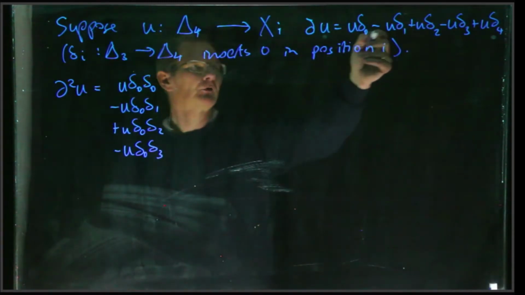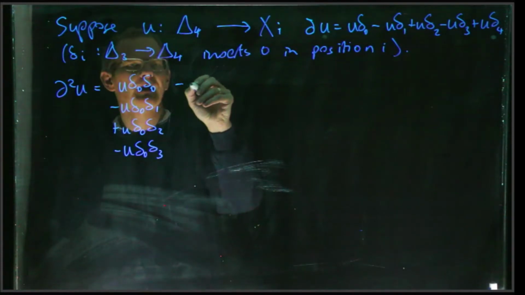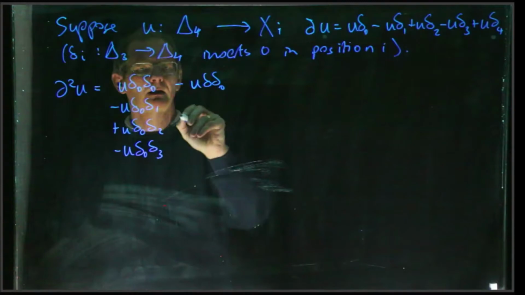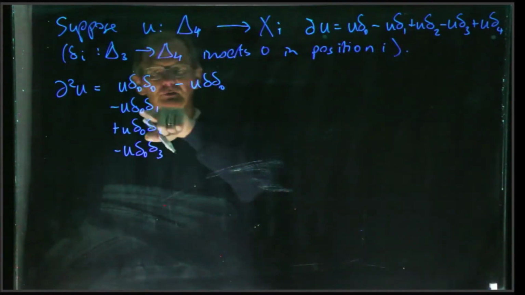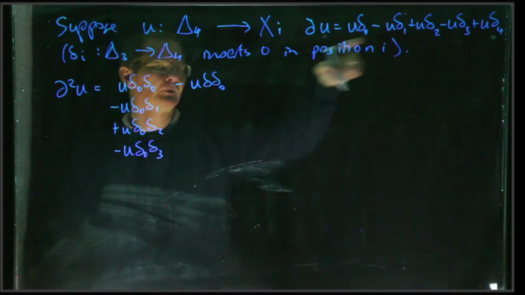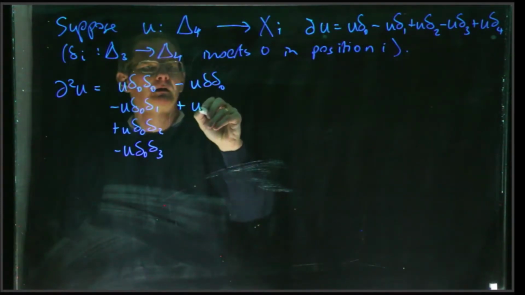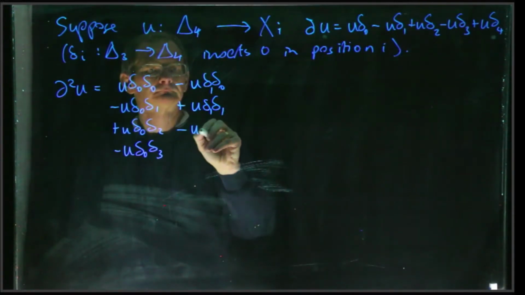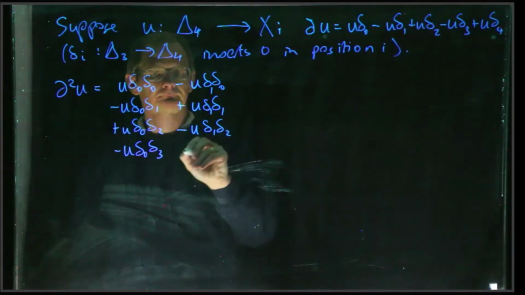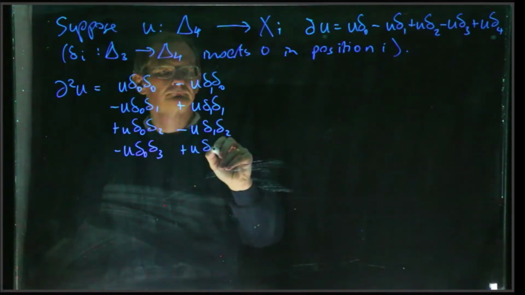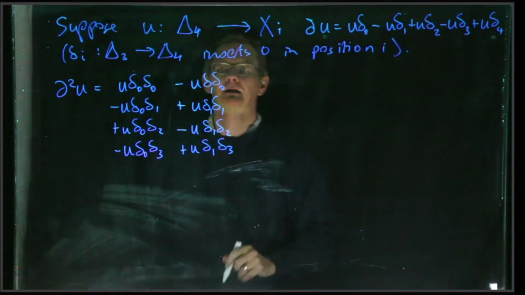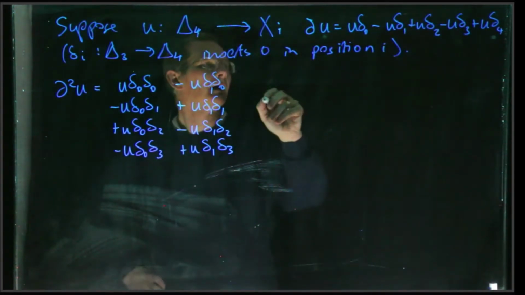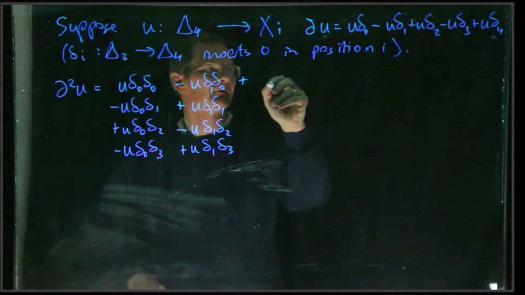Then you've got your u delta_1, and you need the boundary of that, so you get a minus u delta_1 delta_0. You should have got an extra minus sign coming in here, but you had the minus sign already, so that's a plus. And again, we've got a singular 3-simplex, so we're going to stop in the third position. Then we just carry on and fill in the rest in the same sort of way.